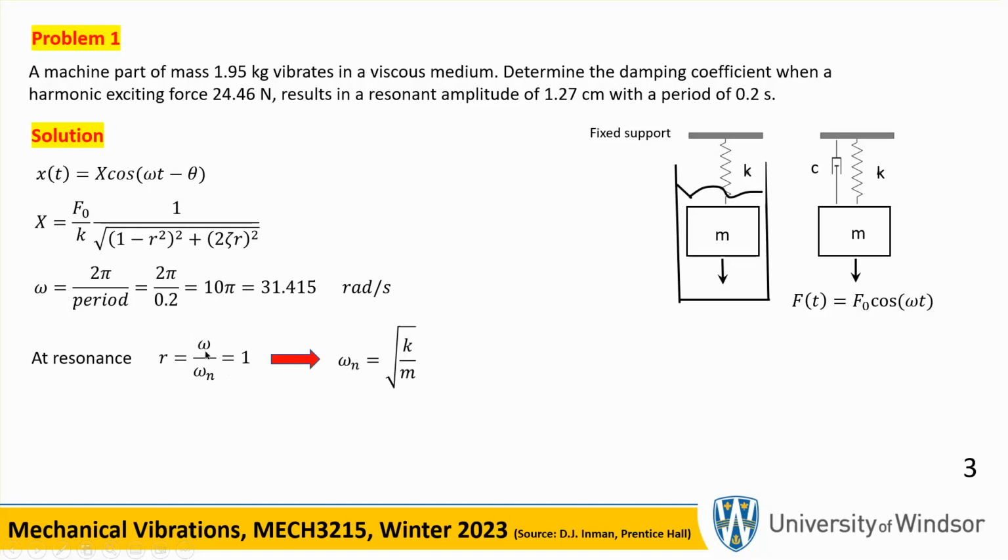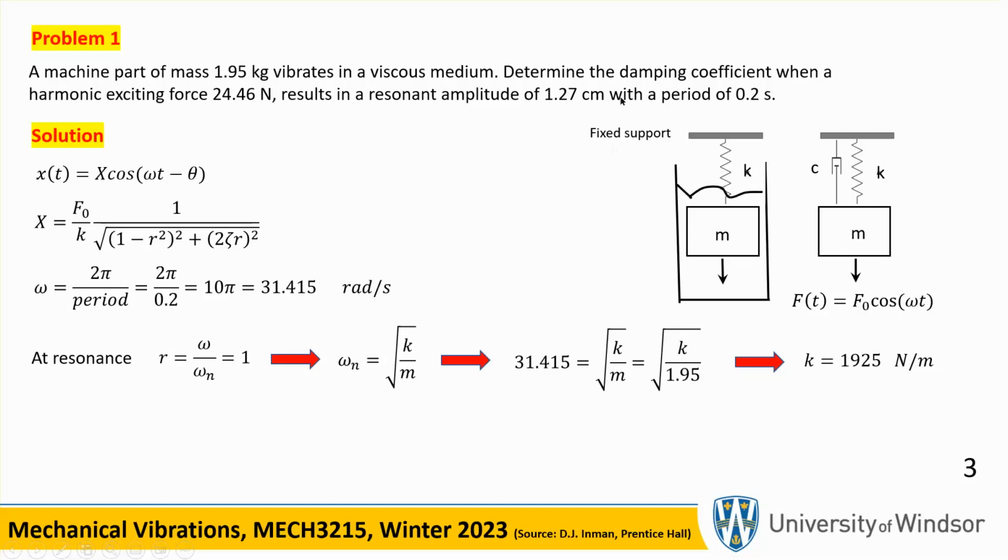So the natural frequency is exactly the same number, because this ratio is 1. We have the mass, so we can find the K, and K comes out to be 1925 newtons per meter.